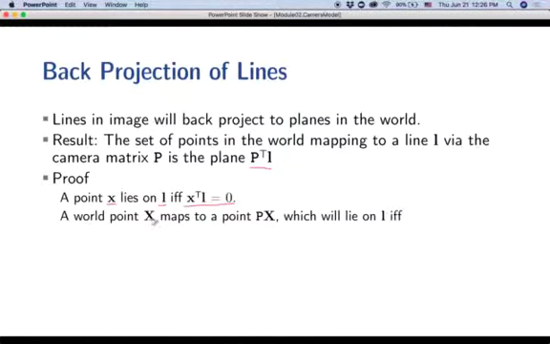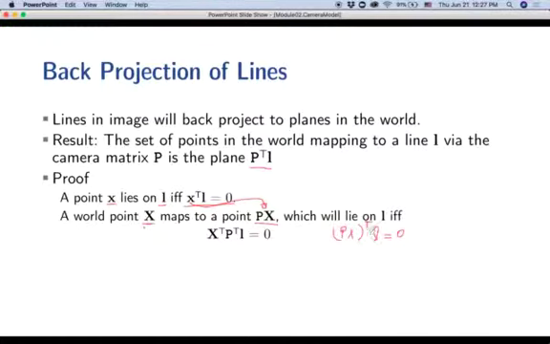Now a world point X maps to a point x equal to PX, through the action of the camera P. It will lie on that line L also if x transpose L is equal to 0, which means instead of x, I can substitute this, because that's the image of the world point X. So really it should be (PX) whole transpose times L equal to 0.